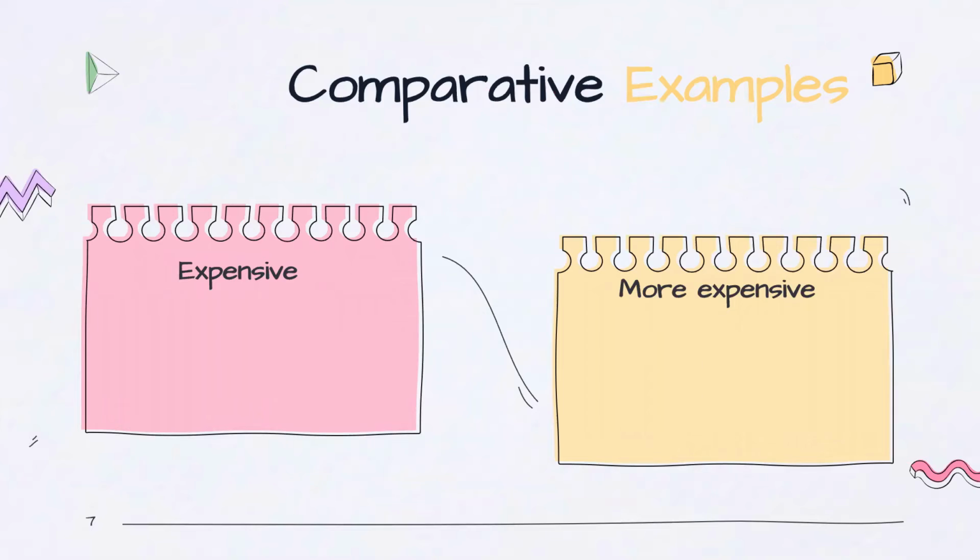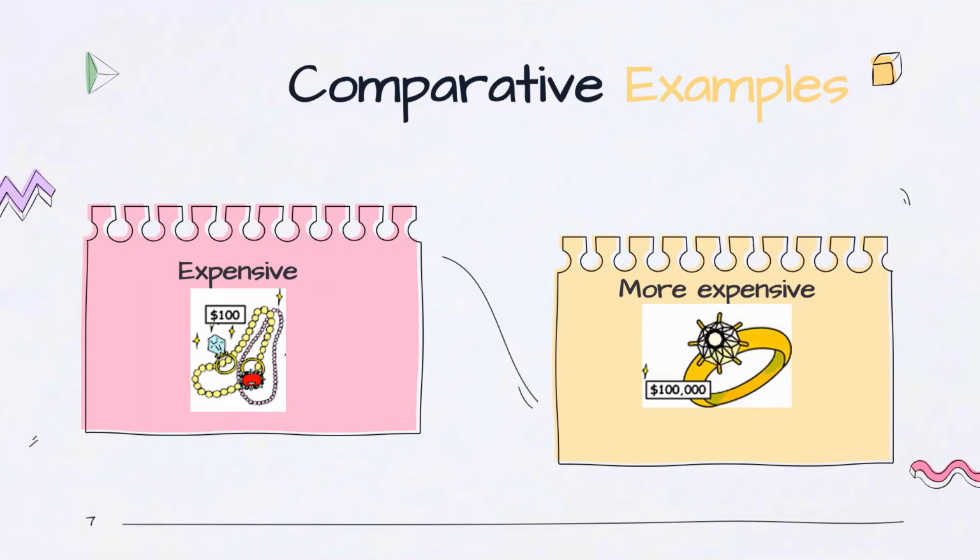Here's the first example. We have expensive. This jewelry is expensive. The comparative form for expensive is more expensive. Here we have the example. Can we have it in a sentence?